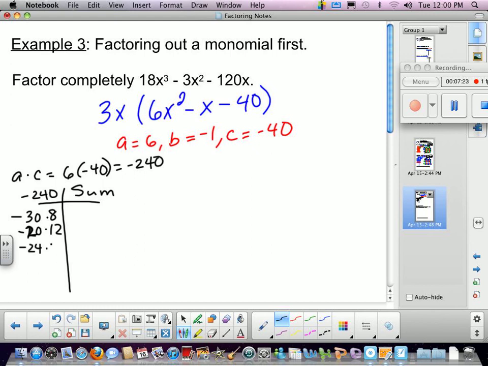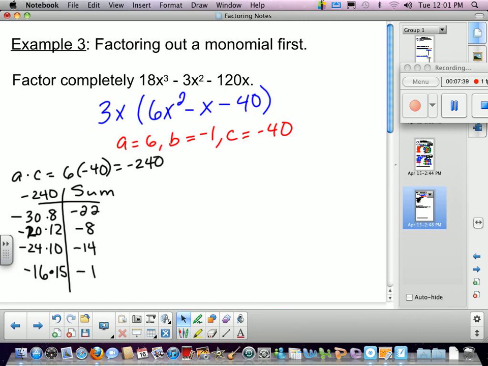Let's see. Negative 24 and 10. And we also have negative 16 times 15. So if we look at the sums, that would be negative 22, negative 8, negative 14, and that one would be negative 1. So we're going to use the ones that give us a sum of negative 1.